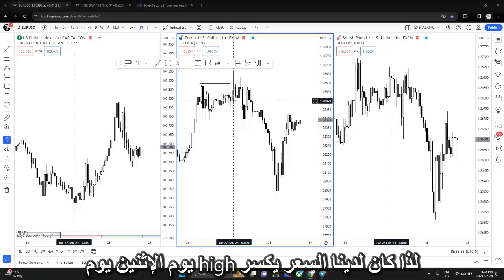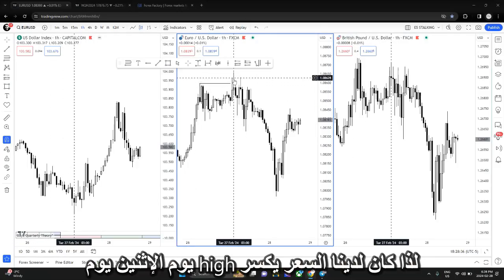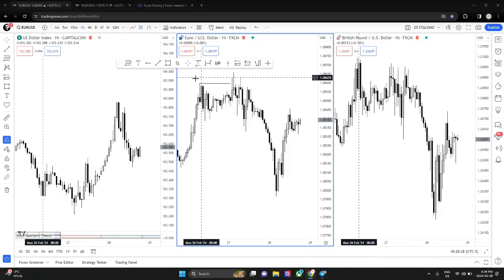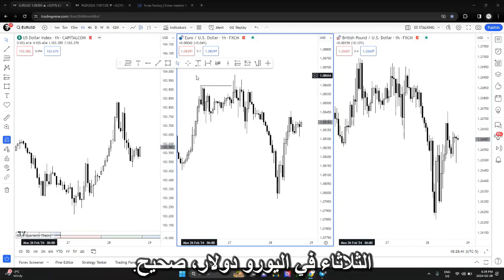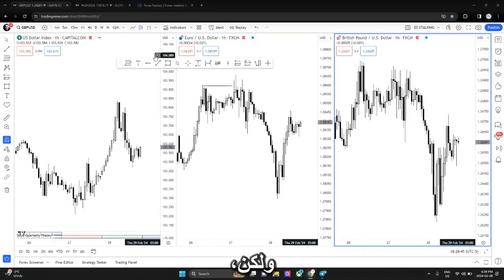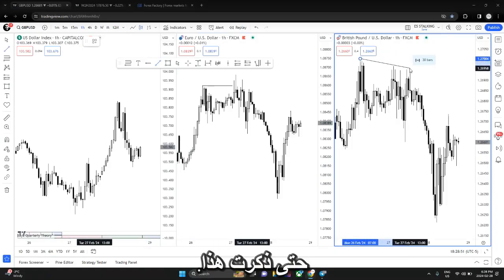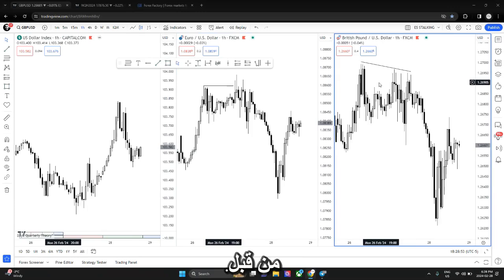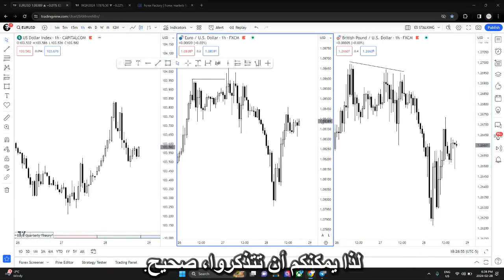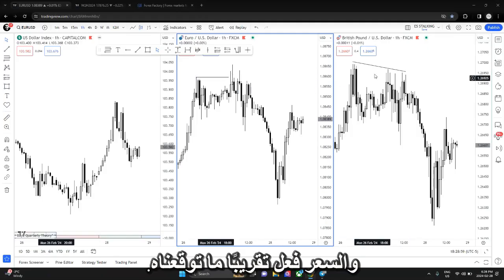So we had price take out Monday's high on Tuesday in the euro dollar, right? And some of you guys remember that I even outlined this before, so you can remember, right? And price pretty much did what we expected.